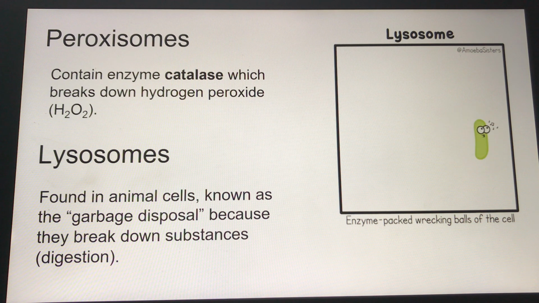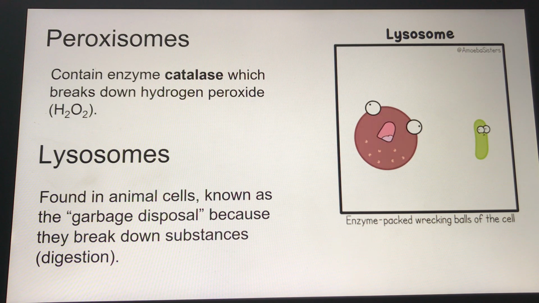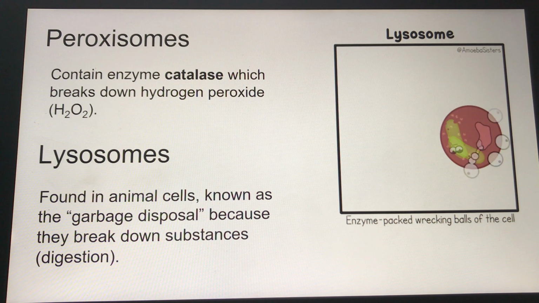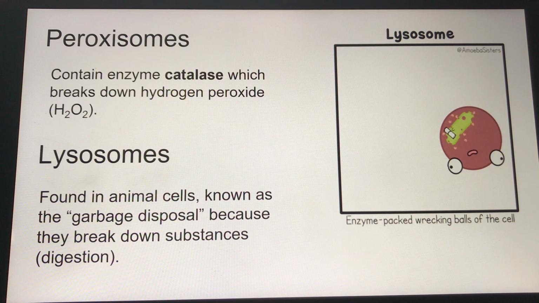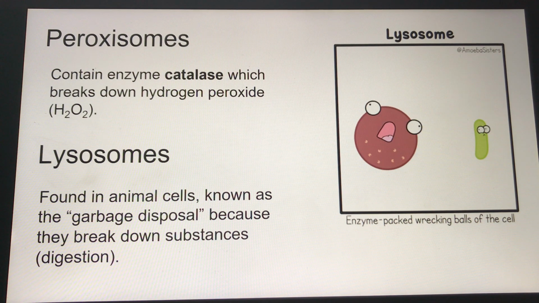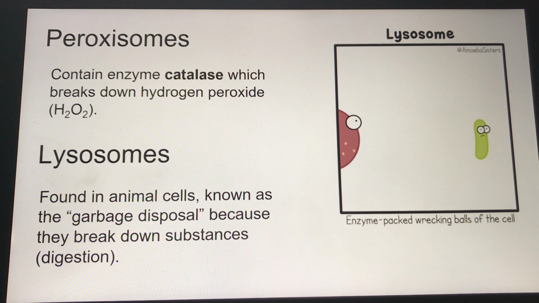That is a free radical. It's going to be an oxidative process that occurs, breaking down stuff that shouldn't be broken down. So you want to get rid of as much hydrogen peroxide as you can. And the lysosomes, they are considered our garbage disposal organelles because they help to break down substances and they also help with digesting food.